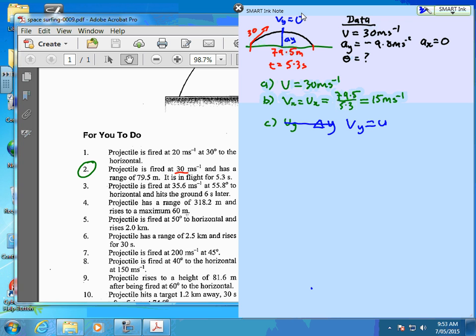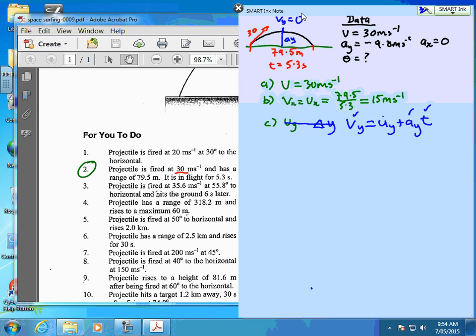Vy equals uy plus ayt. Now, the reason I can use that one, I'll re-explain. Halfway through its journey, Vy is 0. So I know that, not a problem. I want to find that one. I know Ay, and I know the time when Vy is 0.